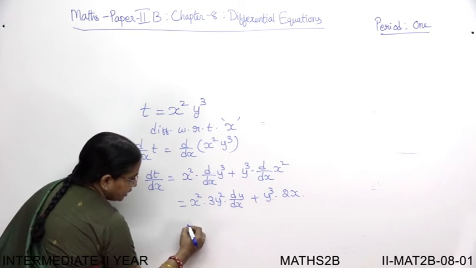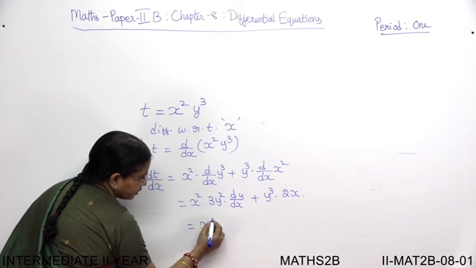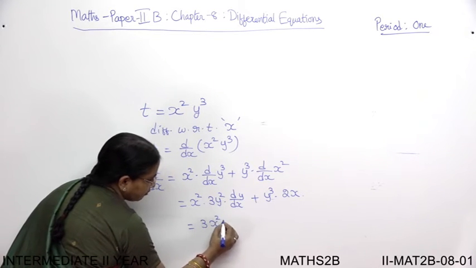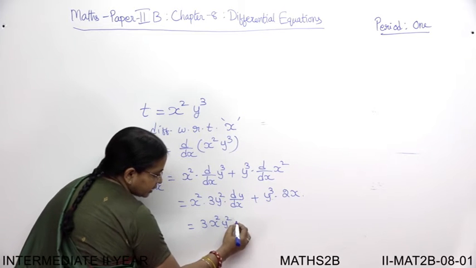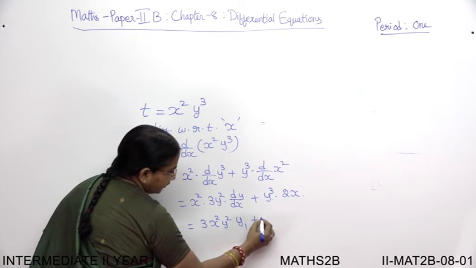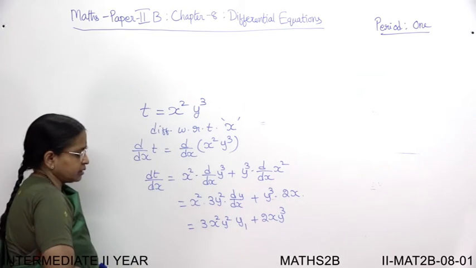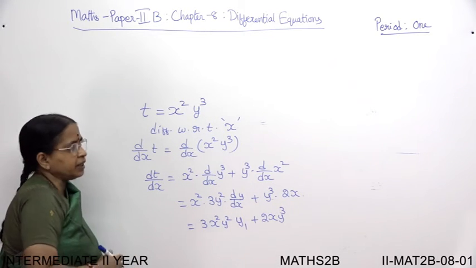So it is equal to 3x square y square dy by dx, which I'll write as y1, plus 2xy cube. So this is dt by dx.